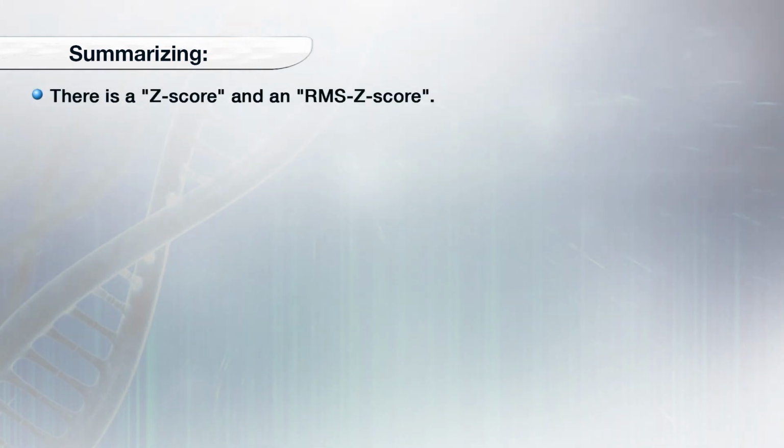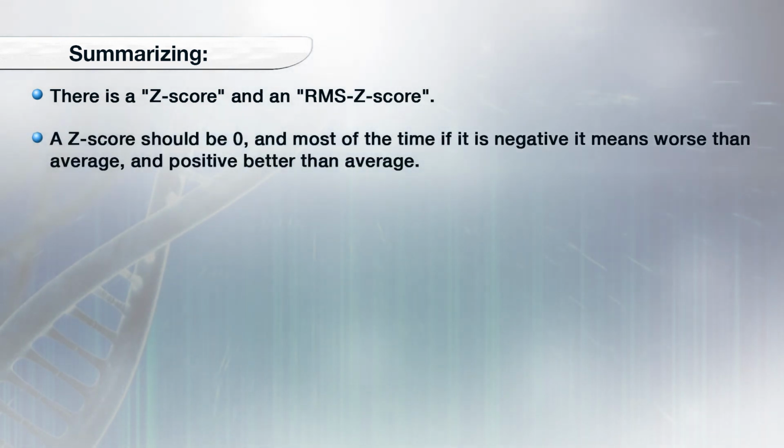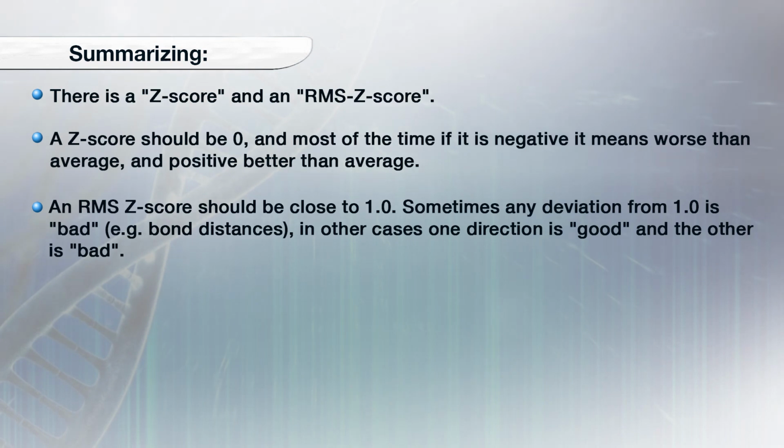So, summarizing this mean, standard deviation and Z score, there is a Z score and an RMS Z score. A Z score should be 0, and most of the time if it is negative it means worse than the average, and if it is positive, better than the average, and the RMS Z score should be close to 1.0.